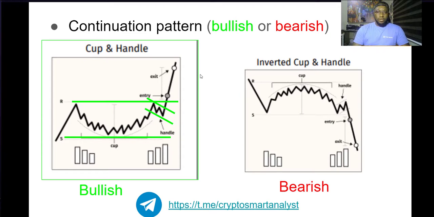The first one we're going to look at is the Carpenter formation, which is bullish. That's a bullish breakout. You have a price uptrend, then it hits resistance and gets rejected.